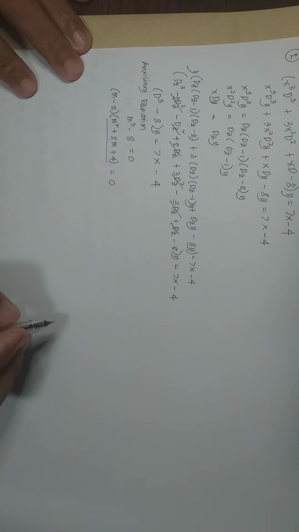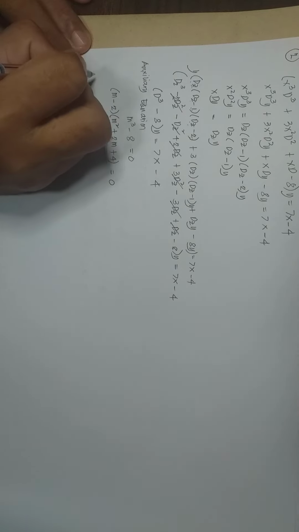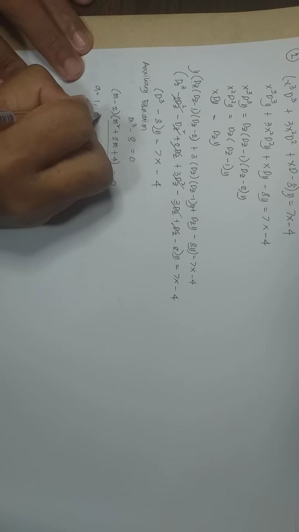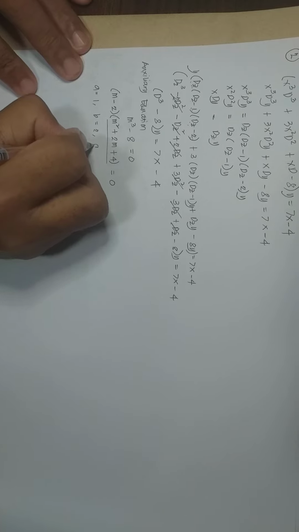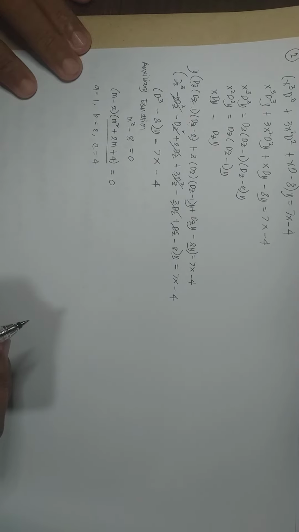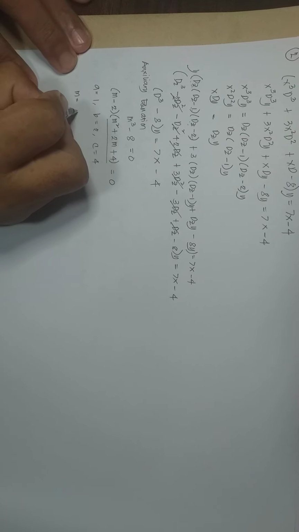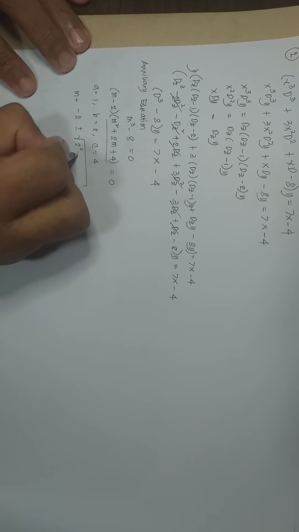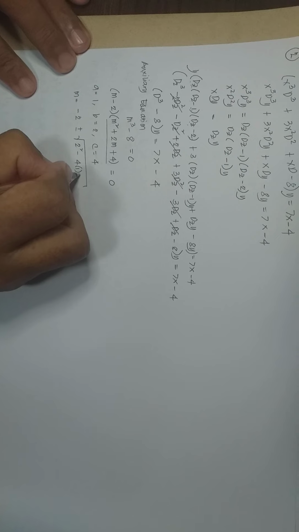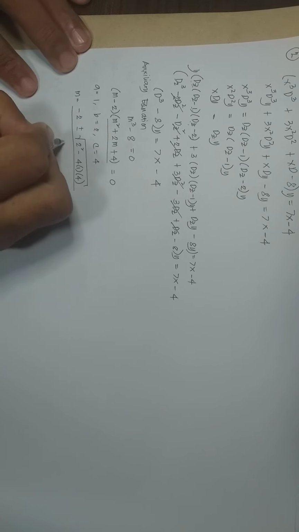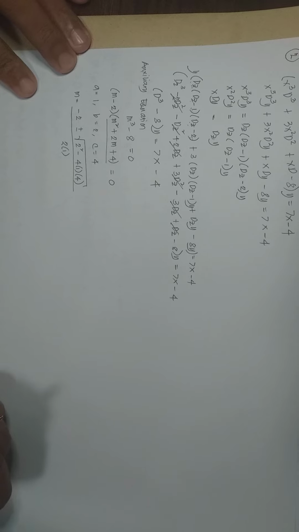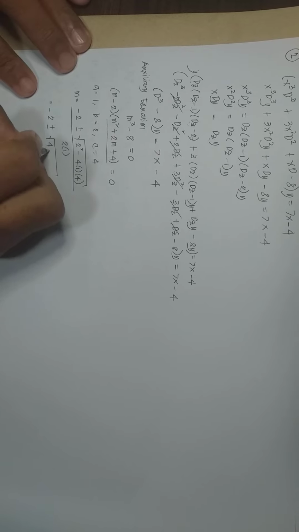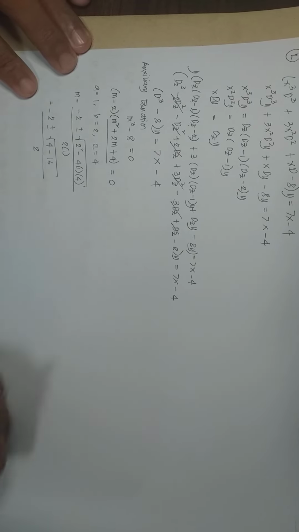Dito tayo mag-concentrate. So let us use the quadratic formula. So we have your a is 1, your b is 2, and your c is 4. Or we have m is equal to negative b or negative 2 plus or minus the square root of b squared or 2 squared minus 4 times a times c all over 2 times a or 2 times 1. Or this is negative 2 plus and minus the square root of 4 minus 16 over 2.